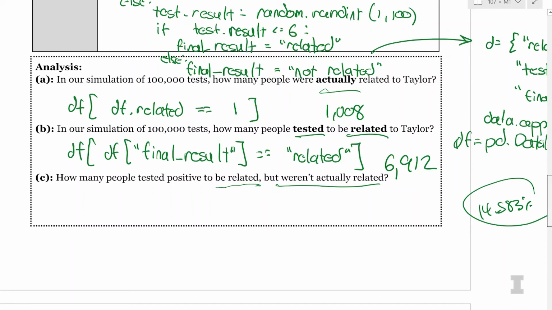I think you're right. So this says we want people to be tested to be related, so we want a complex conditional. Our first part of the conditional is people who tested to be related. So this is people whose final result, df at final result, is double equal to related. This is the first part of our conditional, so it goes in parentheses.